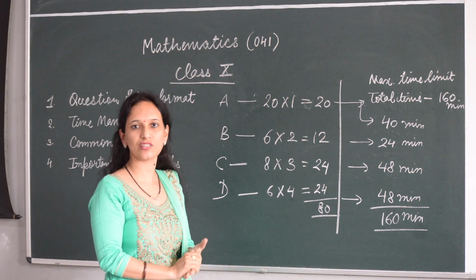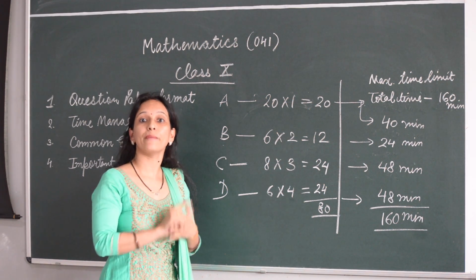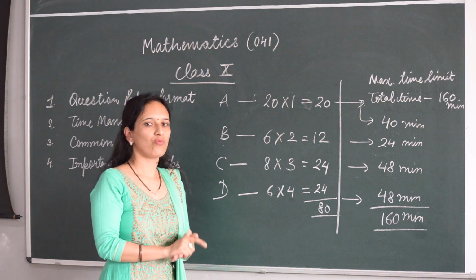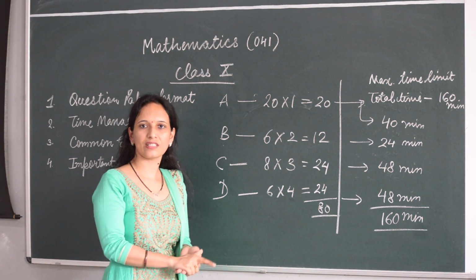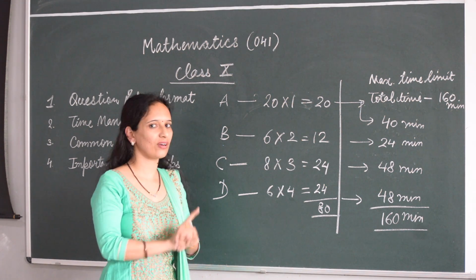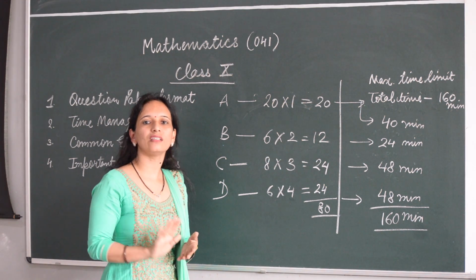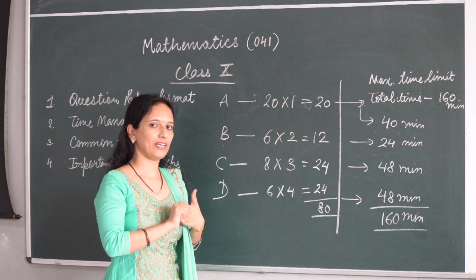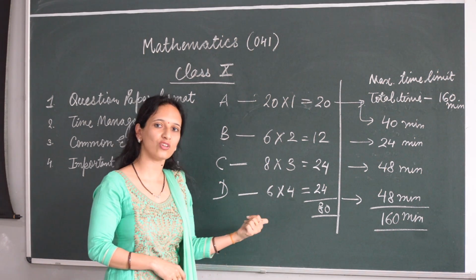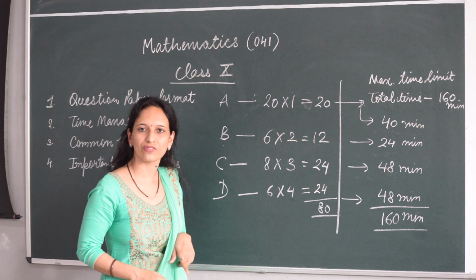Then coming to statistics. In statistics, you must focus on the method which is asked to find the mean. Whichever method is asked there, you have to follow that method only. You are not going to use the other method. And in ogive, you must read the statement carefully whether less than ogive or more than ogive is asked.